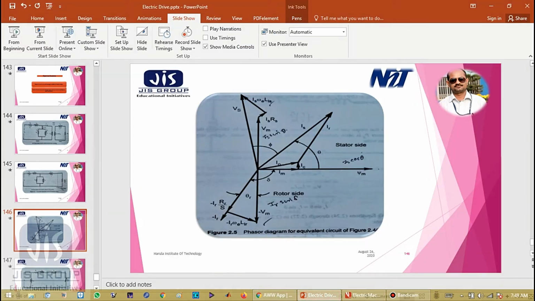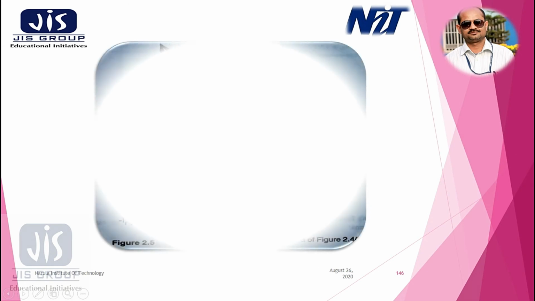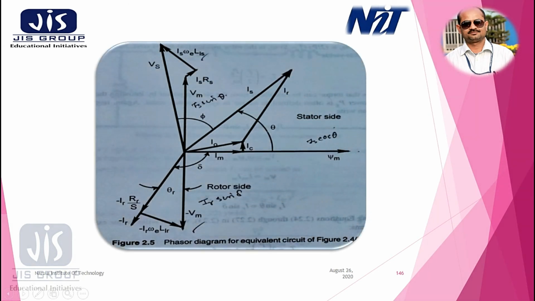If we see this phasor diagram, and we neglect the core loss, everything is my active component. Here this is my theta. So this is my Is cos theta, and this perpendicular 90-degree component is Is sin theta. We know from the basic decomposition of vector.